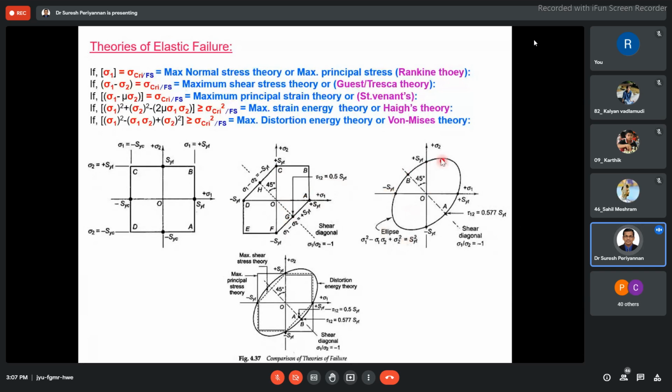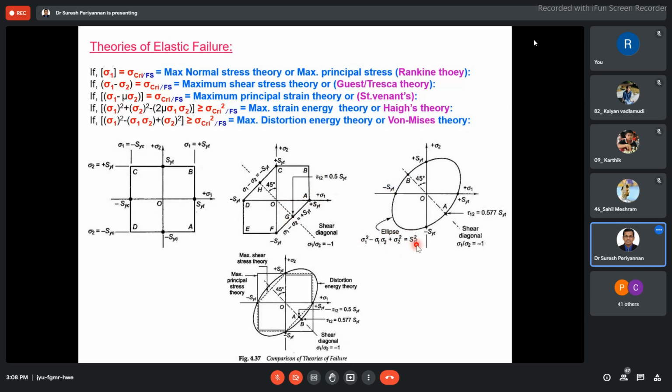It's an elliptical shape, because we derived it briefly yesterday. Sigma 1 squared minus sigma 1 sigma 2 plus sigma 2 squared is equal to SYT squared. This is a quadratic equation, nothing but x squared minus xy plus y squared is equal to some constant.